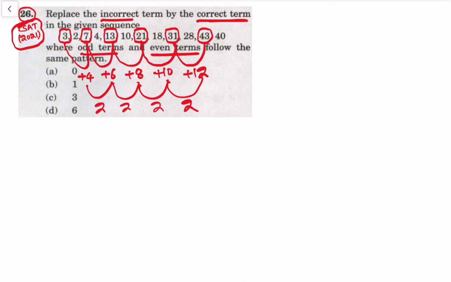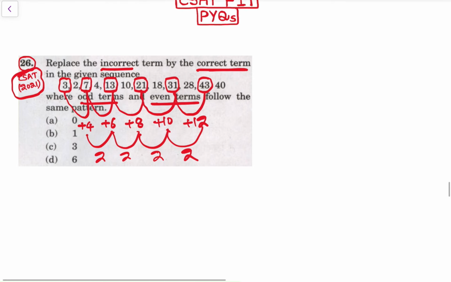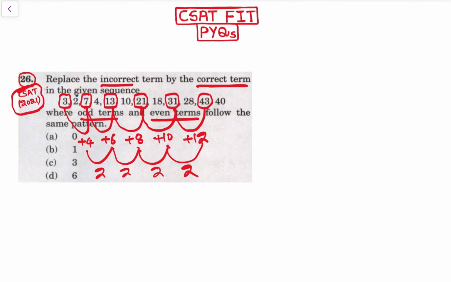And next, the even terms follow the same pattern. So the even numbers are following the same pattern. See, 2 plus 2 is 4, 4 plus 6 is 10, 10 plus 8 is 18, 18 plus 10 is 28, 28 plus 12 is 40, right?